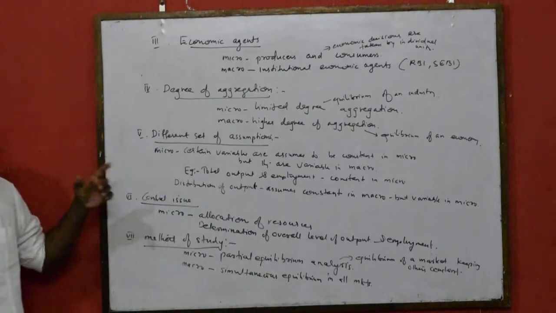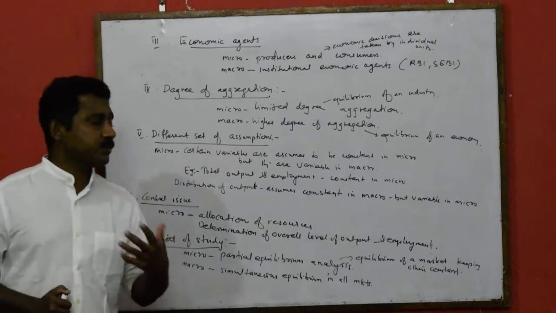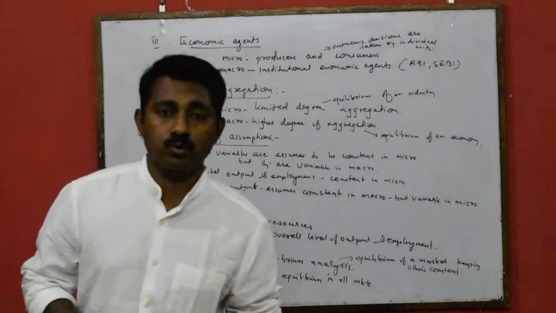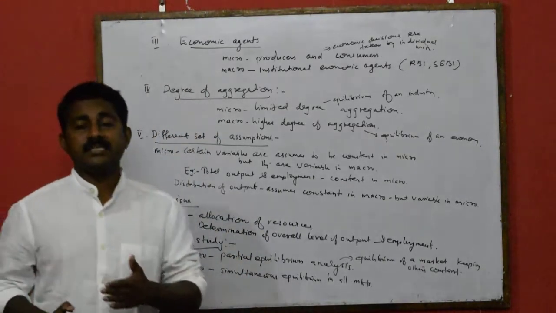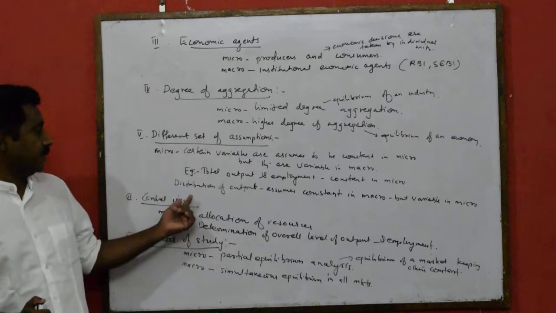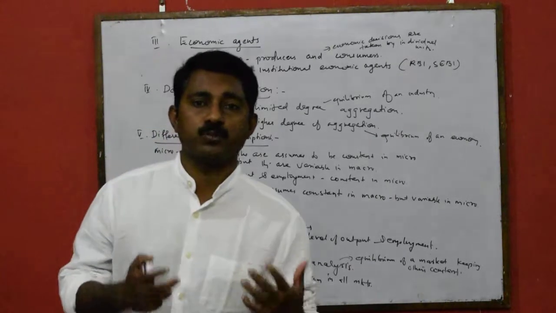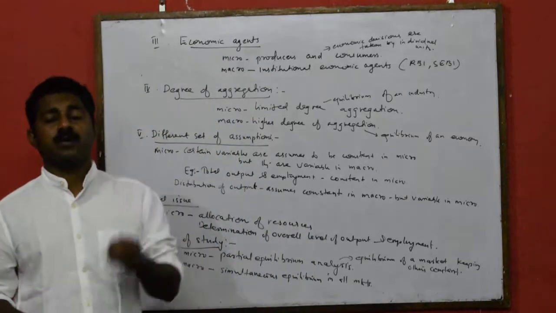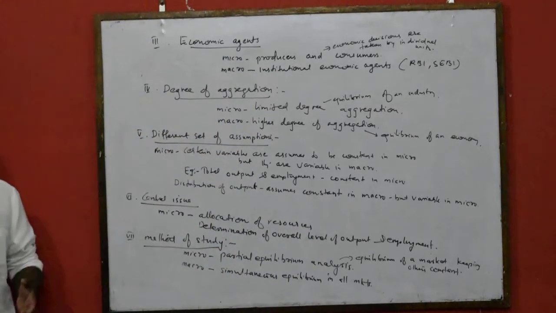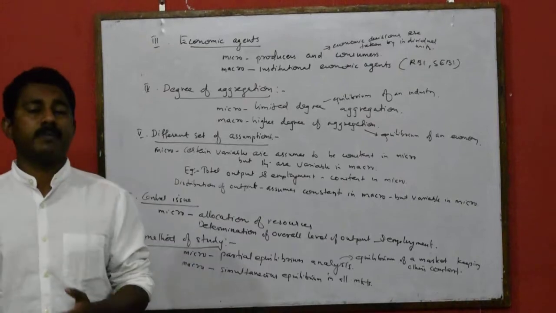At the same time, certain variables are assumed to be constant in macro but they are changing in micro. For example, distribution of output in macroeconomics is assumed to be constant, but in microeconomics distribution may vary. You know, some people may get more, some people may get less.